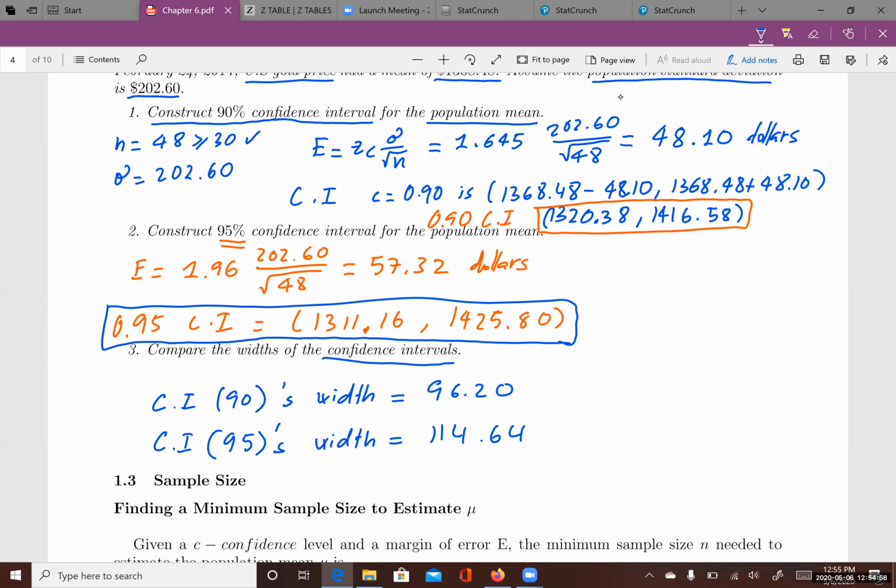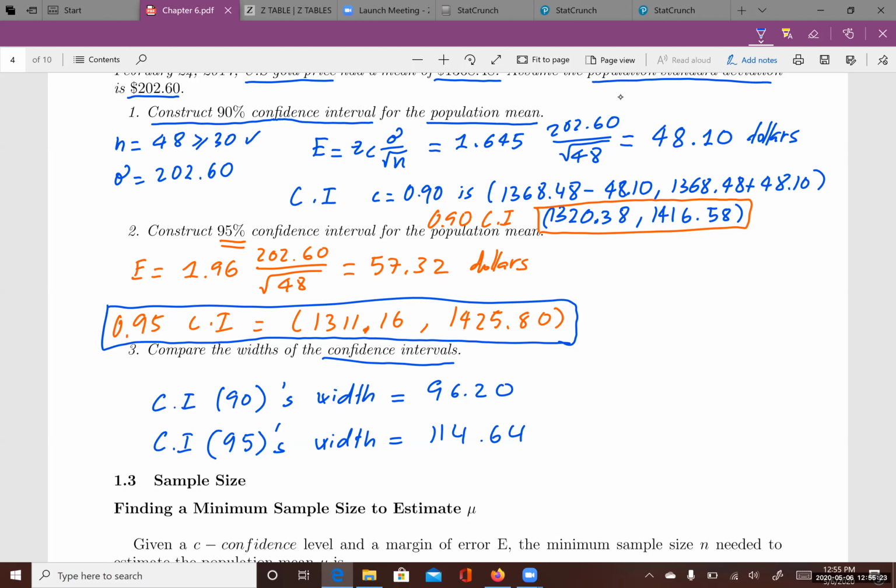90%. It is because if you're using 95%, that means you have a better confidence of capturing the population mean, right? And then if the width of the interval is bigger, it means you have a better chance of capturing the population parameter.